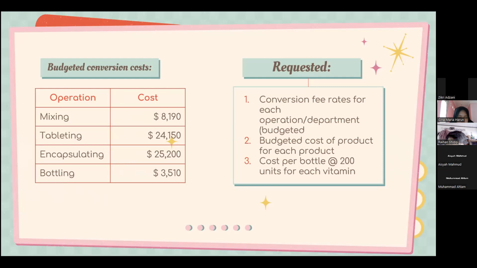And bottling we have $3,510. For the requirements, first they request the conversion cost rates for each operation department budgeted, then the budgeted cost of product for each product, and last the cost per bottle of 200 units for each vitamin. Next.